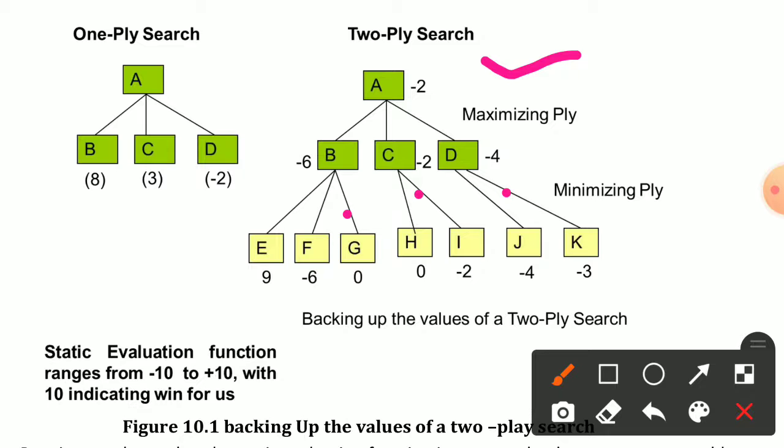We have 3 sub-parts E, F, G. C has 2 different elements H, I, and D has J and K elements, okay. So here we have minimizing play and maximizing play.